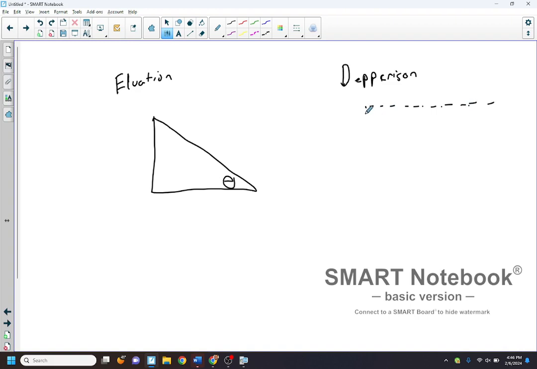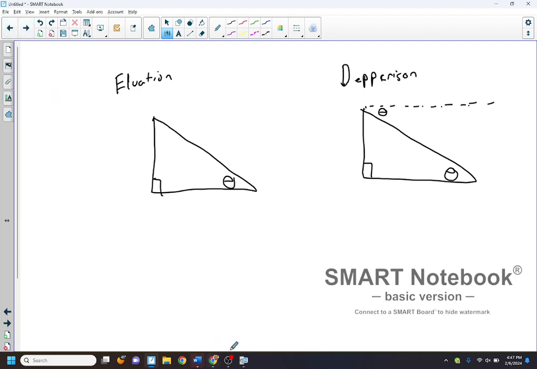Oh, that's a horrible drawing. So you're looking at this theta here. Because you're looking at this theta here, that is going to be the same as this theta here, which means your angle of depression is actually the same as the angle of elevation. They're two sides of the same coin. Probably something philosophical about that. I don't know. But regardless, you just put your theta there, follow the instructions to figure out the rest of where you put the values, and you use SOHCAHTOA.